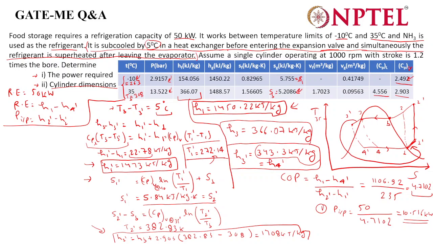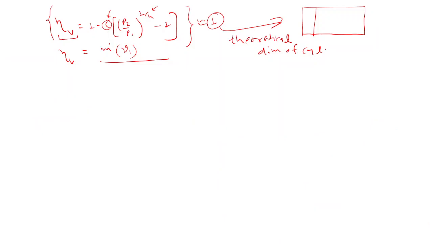V1 dash. Do you know V1 dash? No. Then we have to calculate with this, right? This V1, and this is the constant pressure process. For the constant pressure process, you can find this. That we'll see. But here first we'll write.